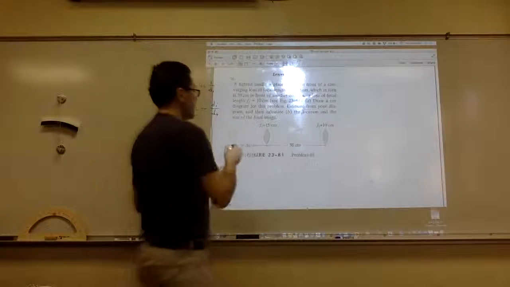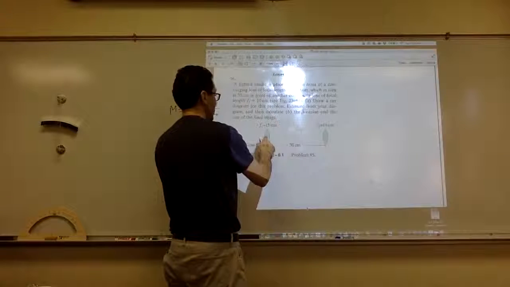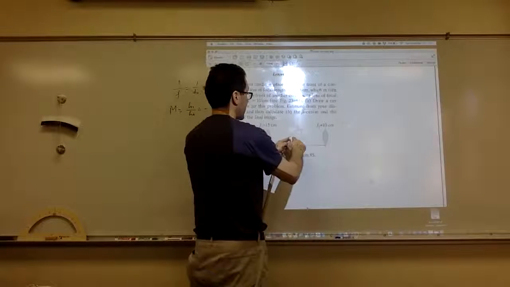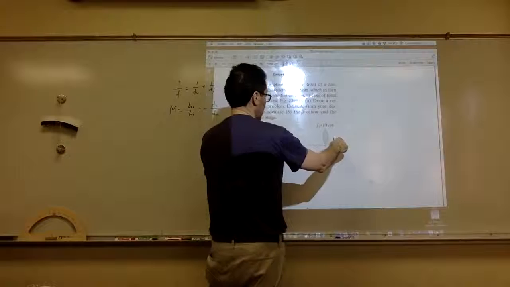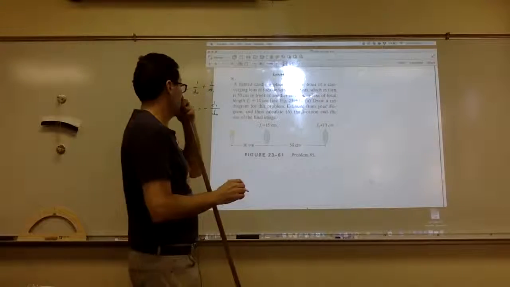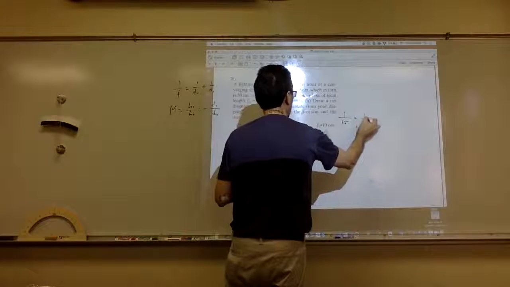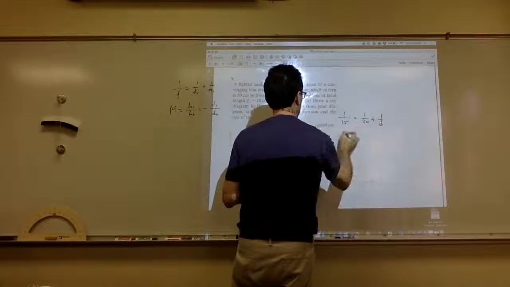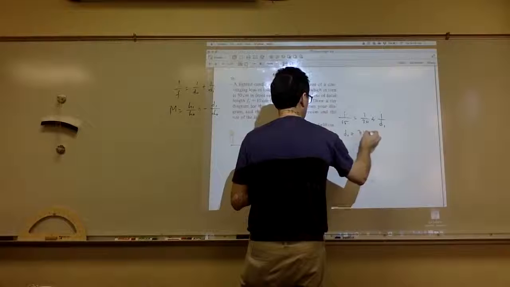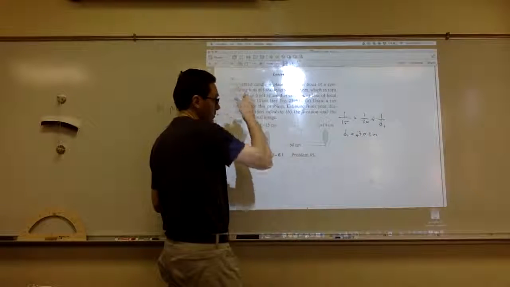So now what I'm going to do is try to find the location of the image after the light passes through the first lens. Okay, and that's going to become the object for the second lens. So let's see how we can do this. I'm going to do 1 over 15 equals 1 over 30 plus 1 over di. And my di will be 30 centimeters positive, which means that it's formed in the right place.